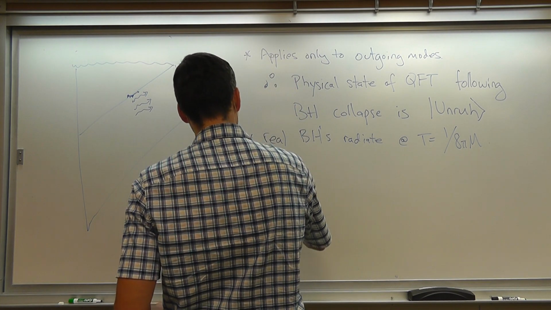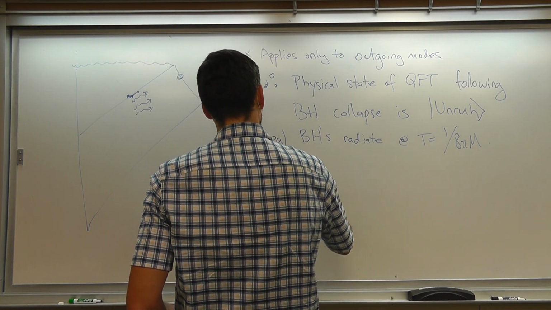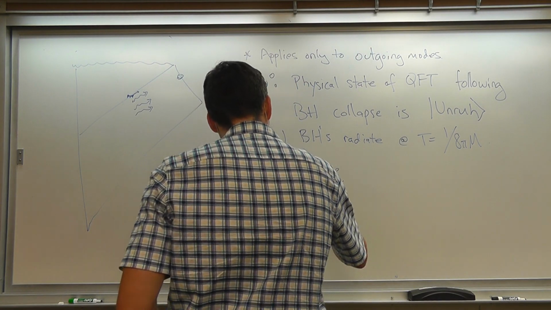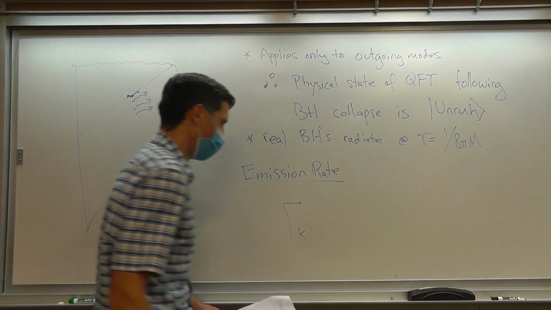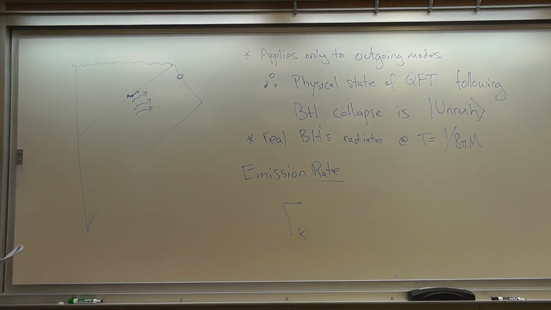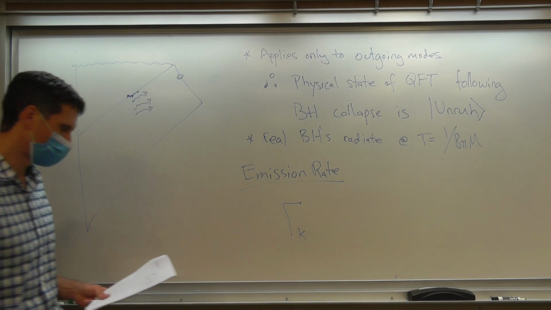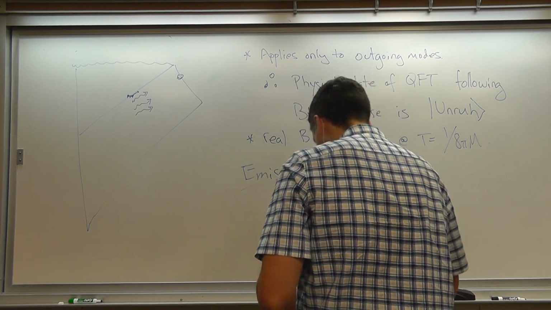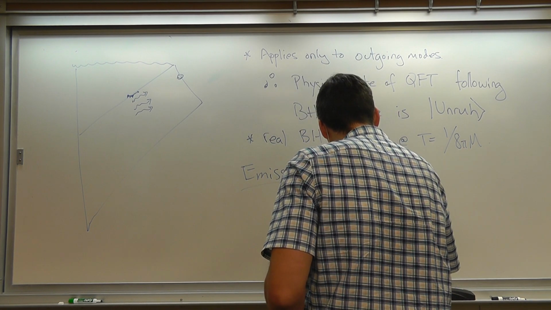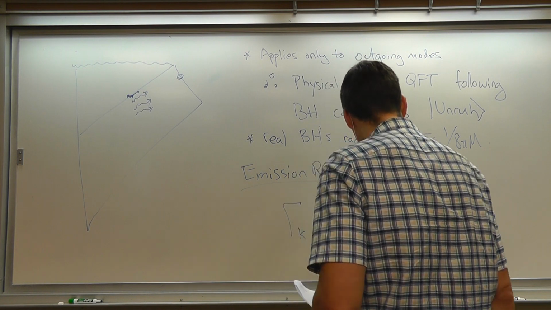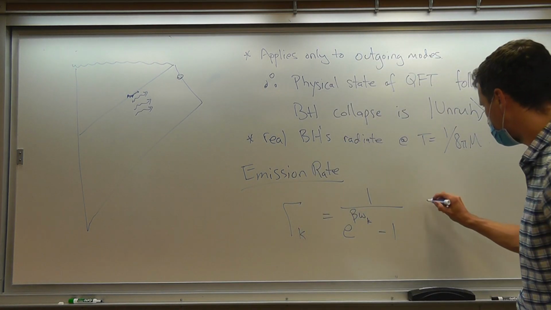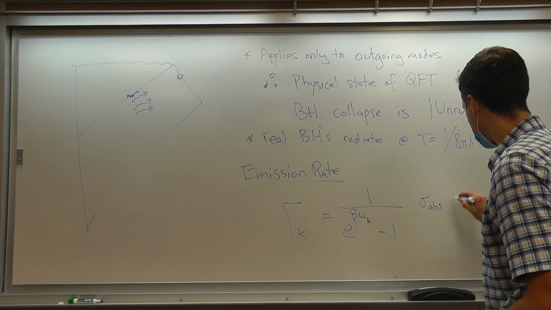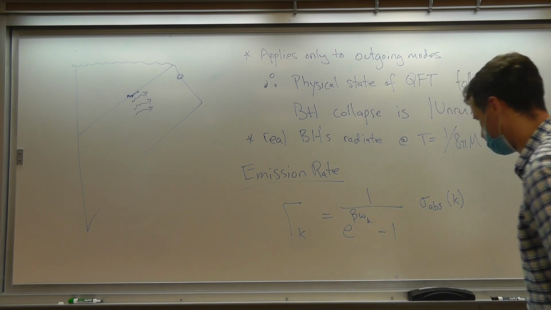So the emission rate for a mode of wave number k is the blackbody emission rate, 1 over e to the beta omega_k minus 1, times a correction factor, which I'll write as sigma_abs of k.